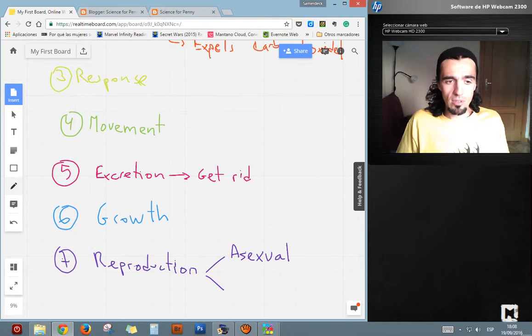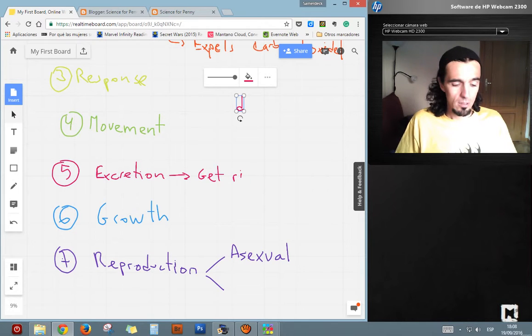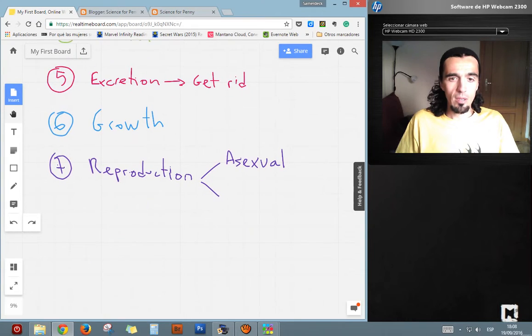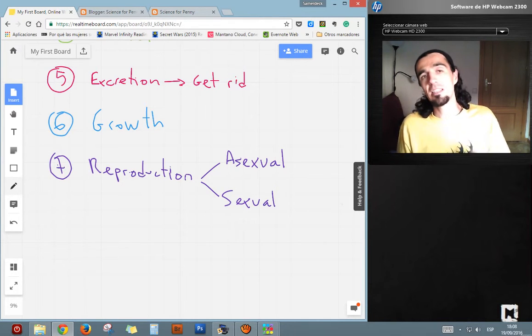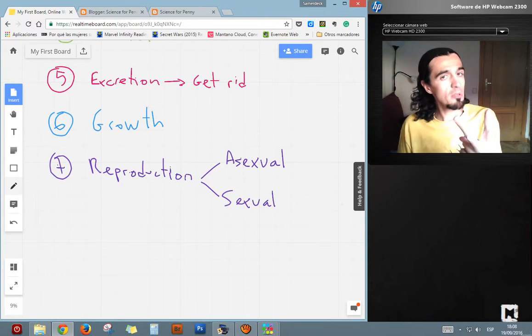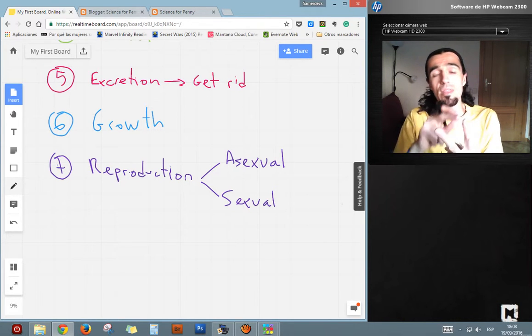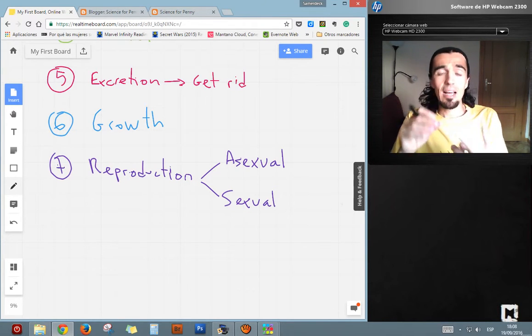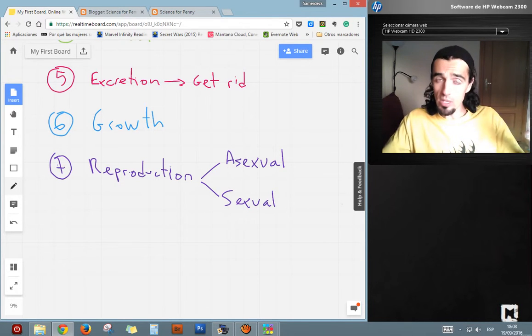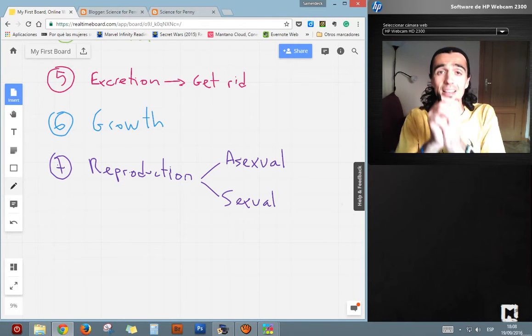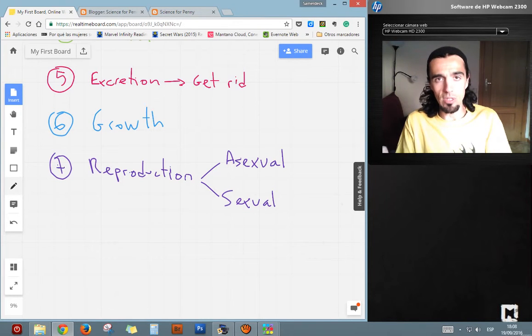And then we have the other way, sexual reproduction, which means that there are two individuals of the same species, each with a different sex cell, and when these sex cells come together, they join and build a new individual.